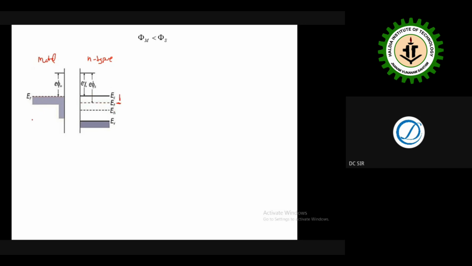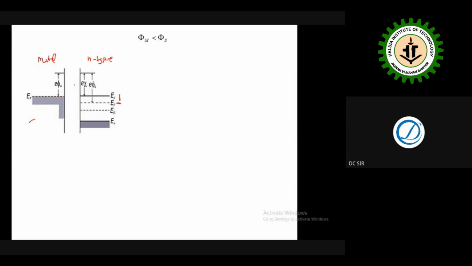So this is the energy band diagram for the metal and semiconductor, where the semiconductor is n type and phi m is less than phi s. That means the distance between EF and the vacuum level on the semiconductor side is larger than phi m.